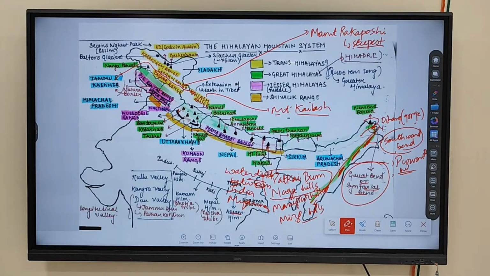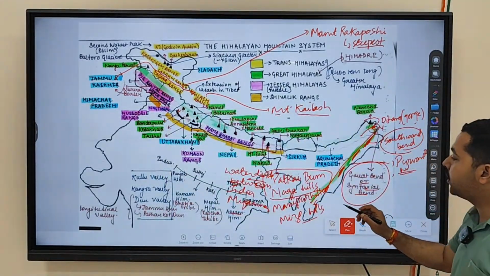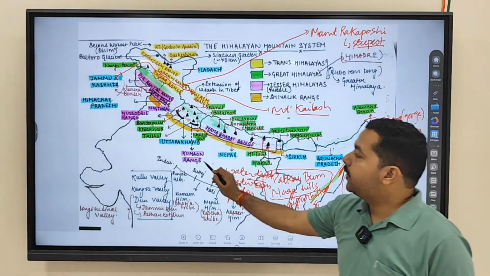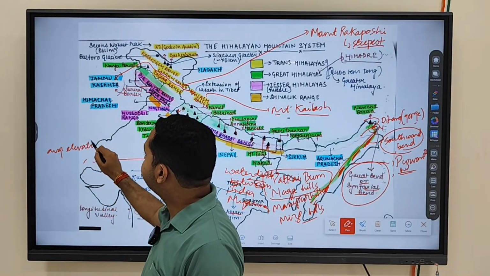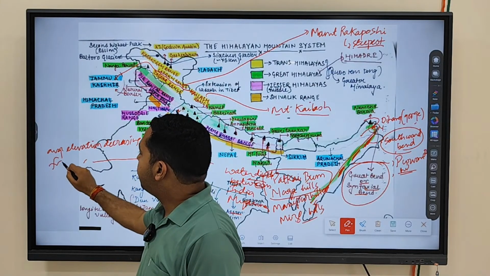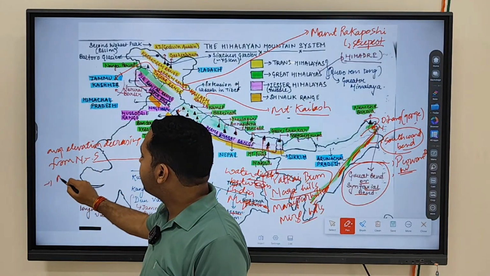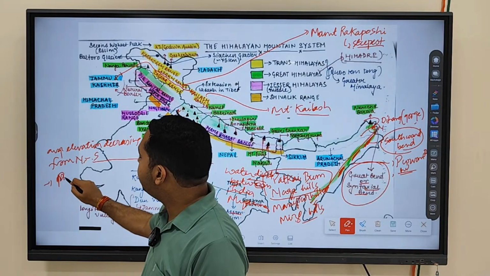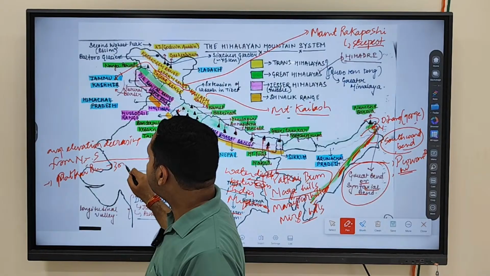Now, what you have to keep in mind is average elevation. Average elevation is decreasing from where to where? From north to south. Clear? The average elevation of Purvanchal hills is decreasing from north to south. In the case of Patkai Bum, the hills are somewhere around 3000 meters in height.